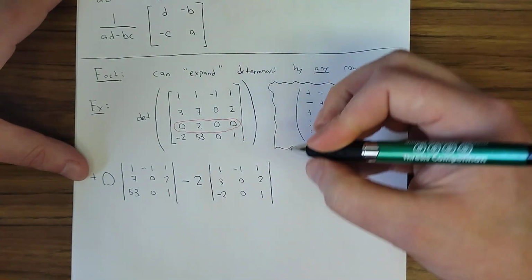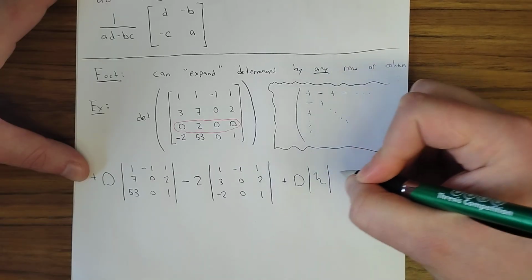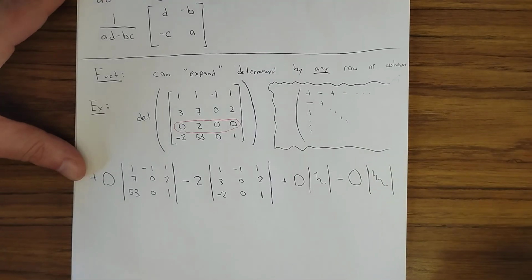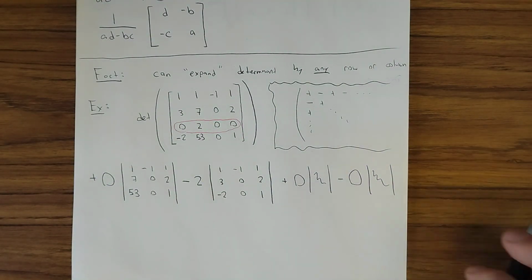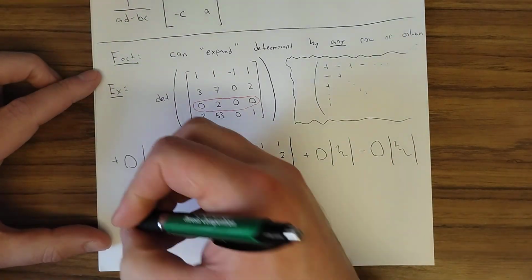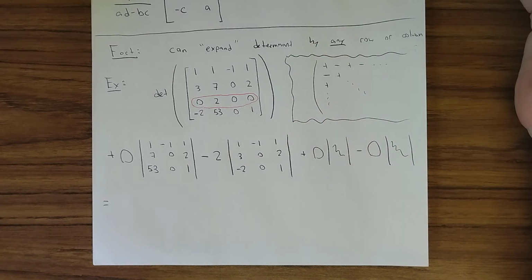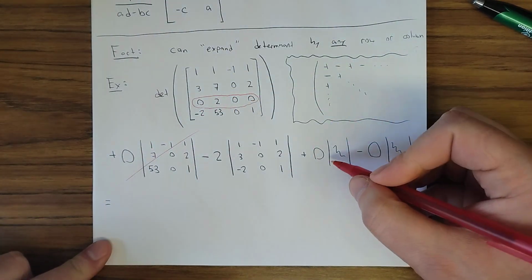And then I keep going, but let me just scribble for the things that don't matter. All right. So we're down to a 3 by 3 determinant, and we have to actually do it. So these things don't contribute anything. These are dead.